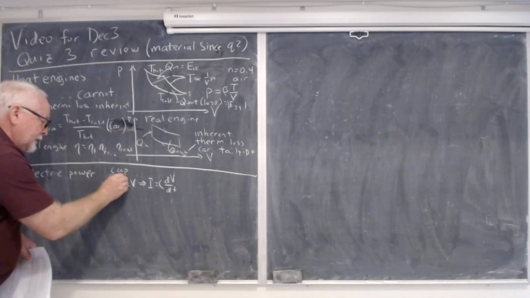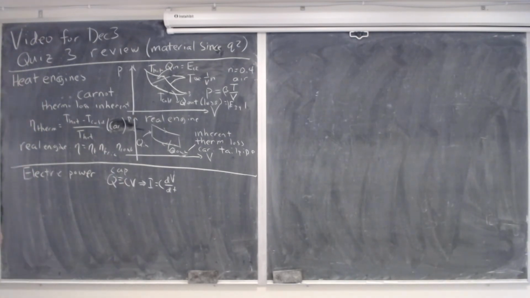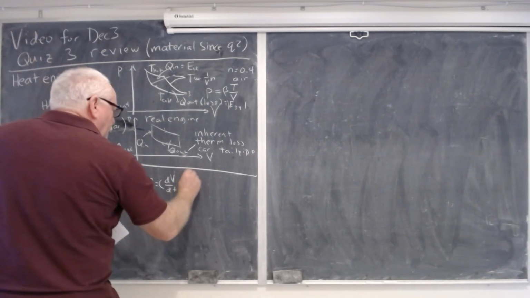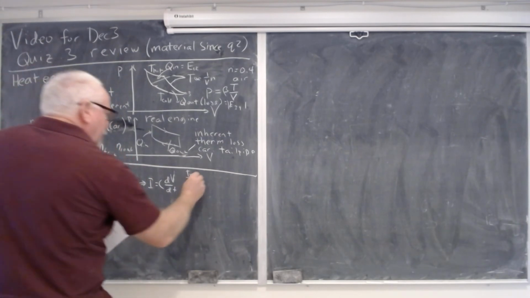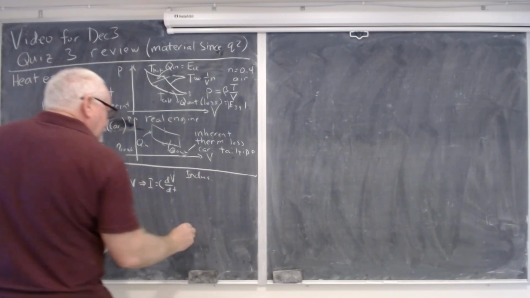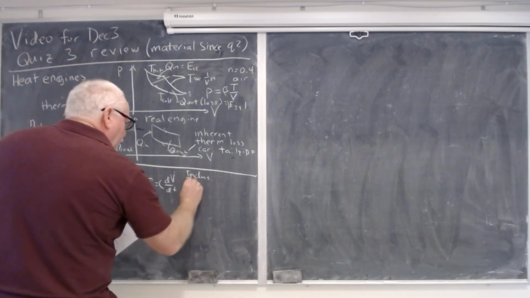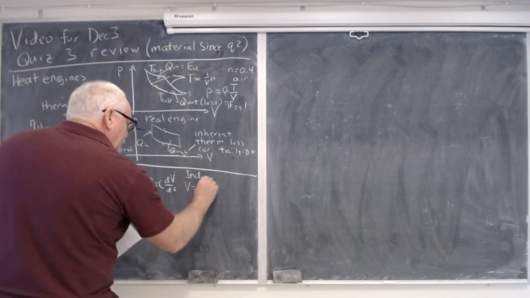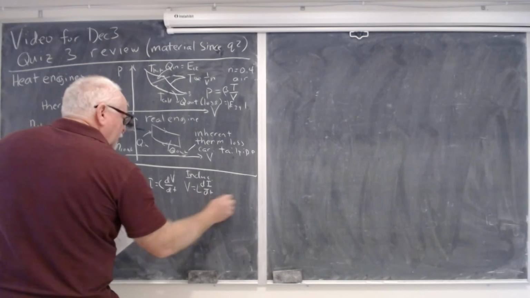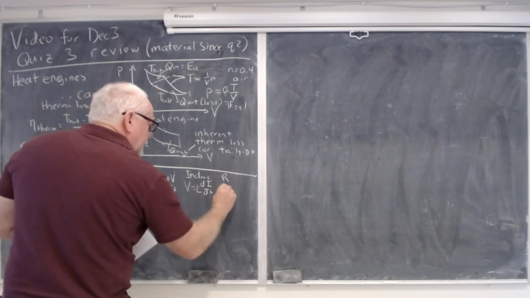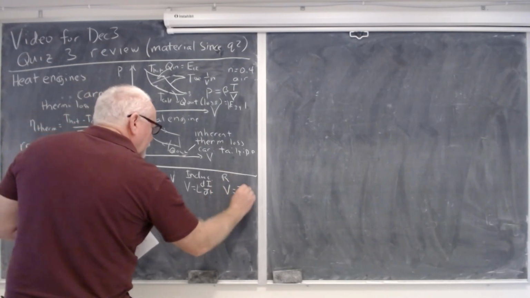This is a definition. Capacitance is charge over voltage. And so basically, I just presented to you that for inductors, there's going to be a corresponding element where V is equal to L dI dt. And of course, you know that for resistors, V is equal to IR.